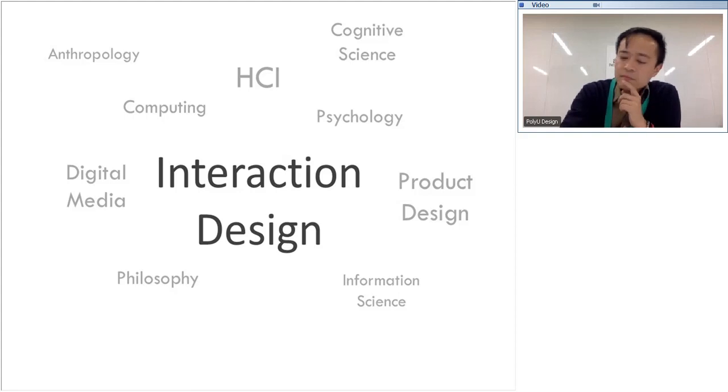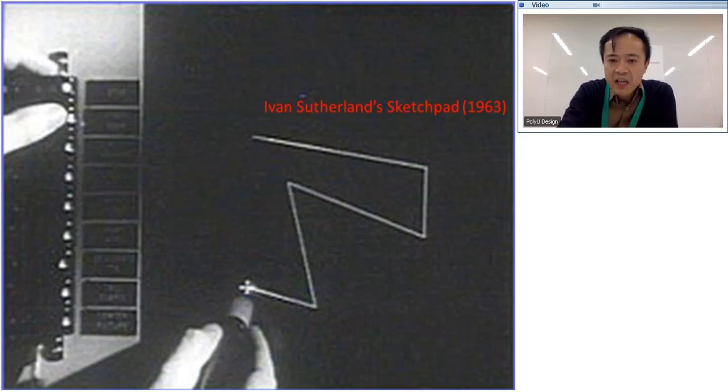Then we might take a review of what have happened or what is happening in the world. From the very beginning of so-called human-computer interaction, back to 50 or even 60 years ago, we already have something very much related to the screen.